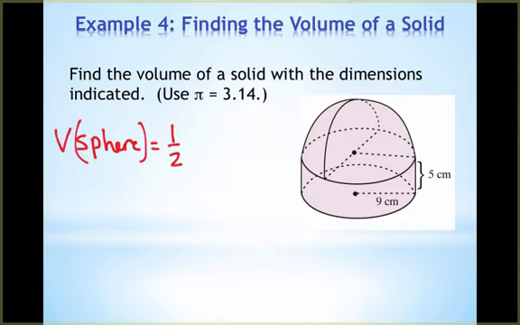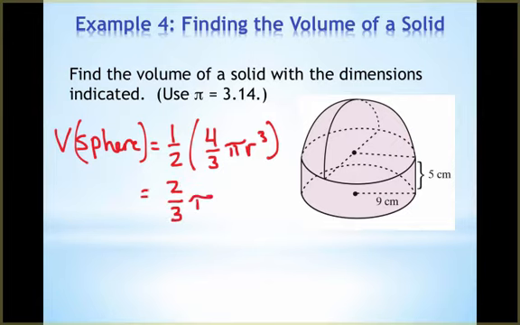And we'll do 1/2. Then my formula for a sphere is 4/3 pi r cubed, which actually we can go ahead and multiply 1/2 times 4/3 and get 4/6, but that simplifies to 2/3, and my radius is the same as the radius of my cylinder, which is 9.